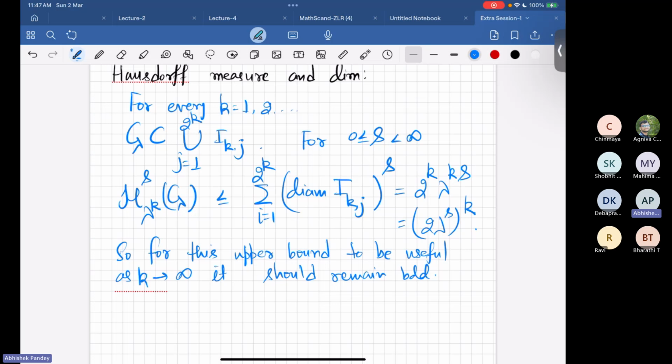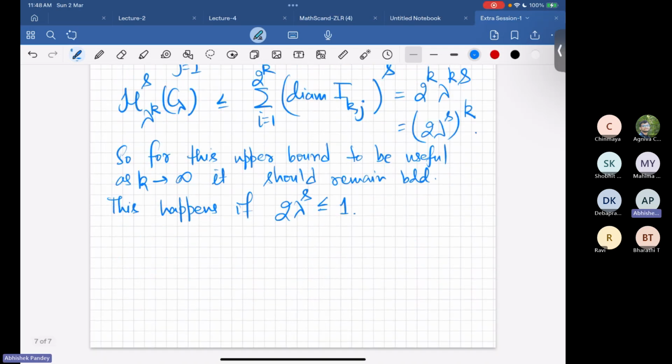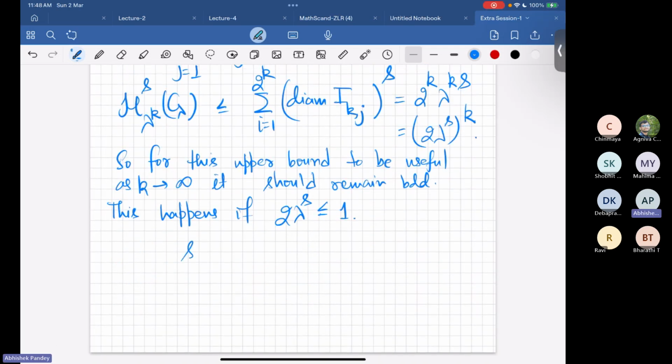Okay, and this happens if basically 2 lambda to the power s is less than or equals to 1, and this gives that s is less than or equals to log 2 upon log 1 by lambda.